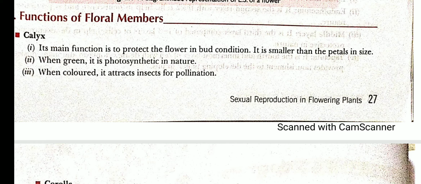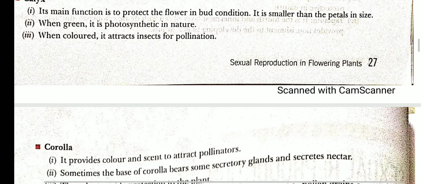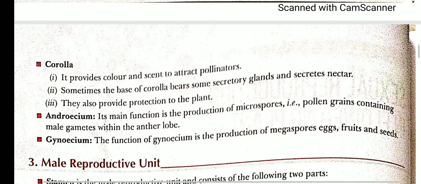First function is to protect the flower in bud condition. Second, if it is green, then it plays a role in photosynthesis also, and third, if it is colored, then it acts as a pollinator attractant. After calyx, the next whorl is the corolla.